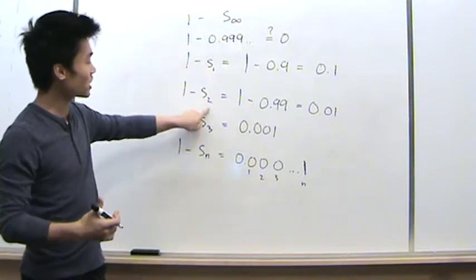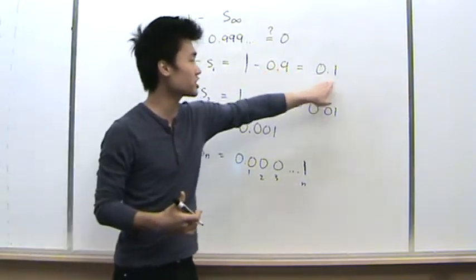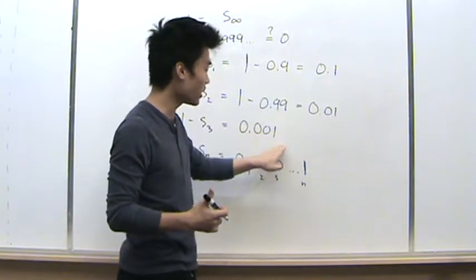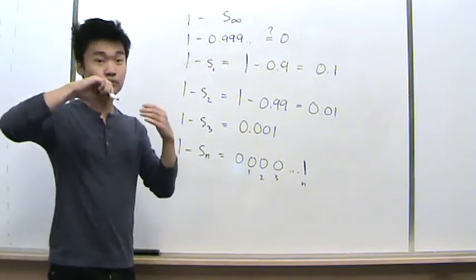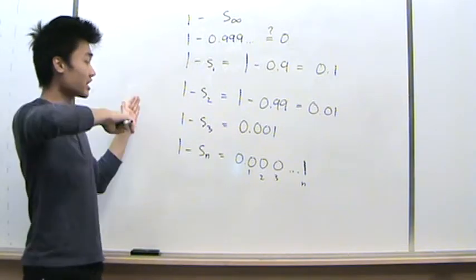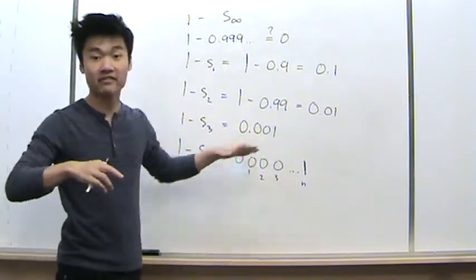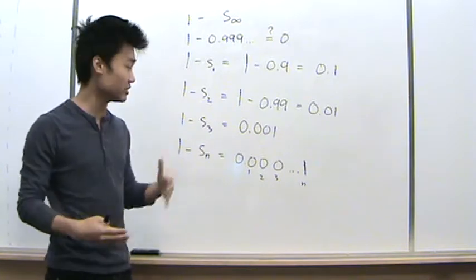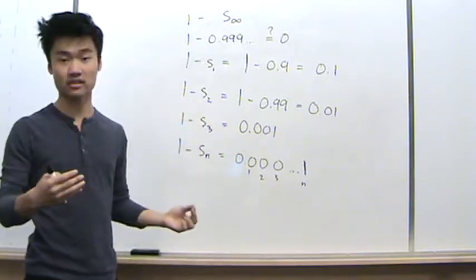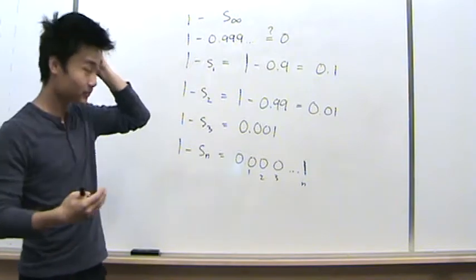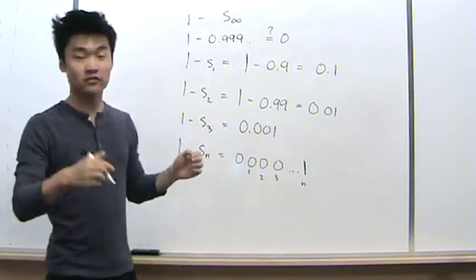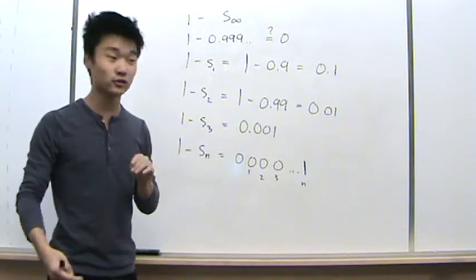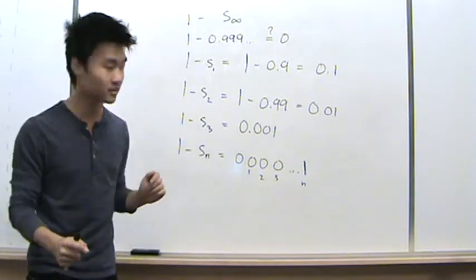We see that each time we go out 1 further in our series, the value of this 1 shrinks by a factor of 10. Right? So, letting it go out 3 times lets it shrink by a factor of 10 3 times, meaning it shrinks down to 1/1000th of 1, right? Letting it go out 100 means we've forced this number to shrink down by a factor of 10 100 times.